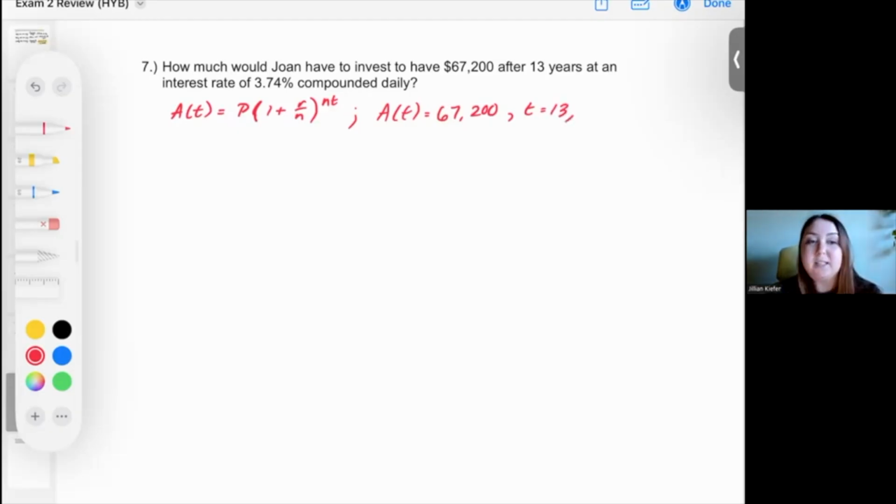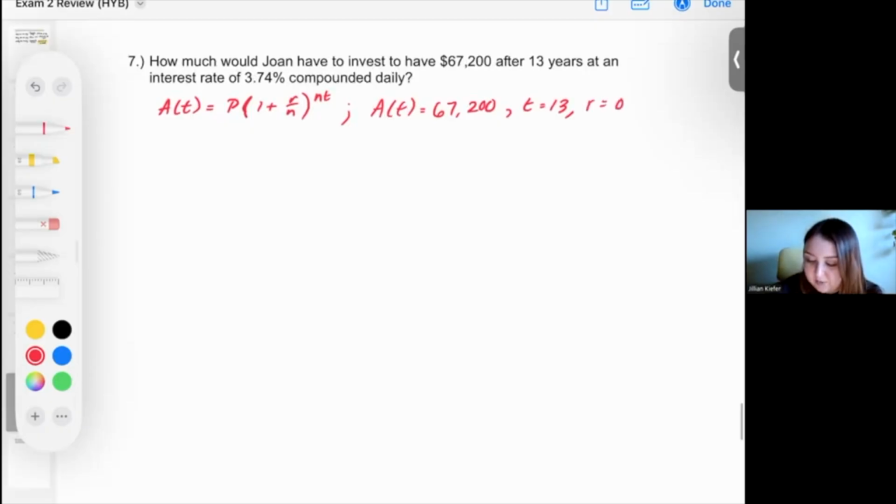Then we have our rate, 3.74%, which in decimal would be 0.0374. And lastly, n, the number of times we compound per year. We said it was daily, 365 days in a year, so that's how many times we'll compound.